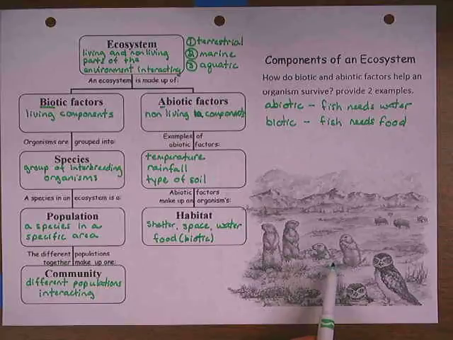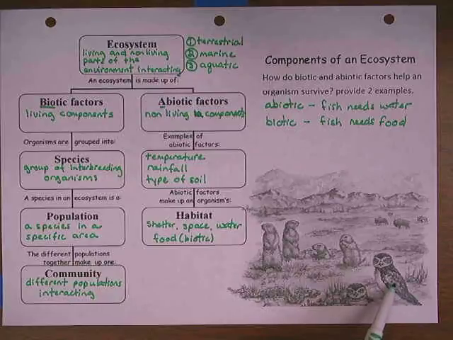Likewise, these burrowing owls not only rely on these other living organisms for food, but they also take over the prairie dogs' tunnels and caves after they've left, and they use them for their own home. So again, things not only interact with non-living components, but also there is a relationship between living things within an ecosystem. I hope that helps you out.